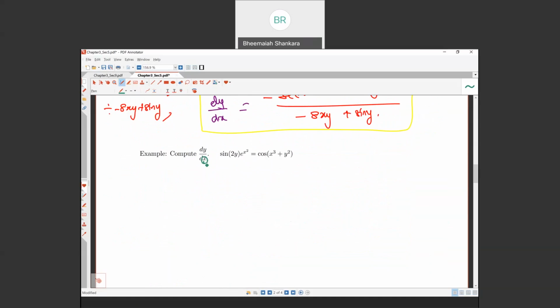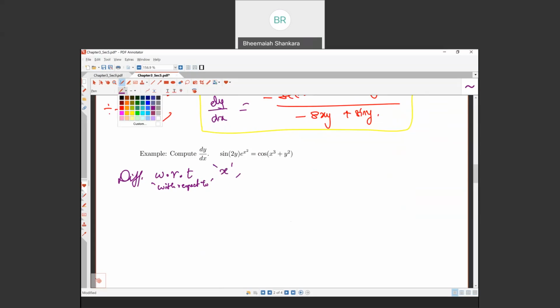So you want to differentiate the expression with respect to x. I'm going to write with respect to as w.r.t. This is with respect to. Differentiate with respect to the variable x.